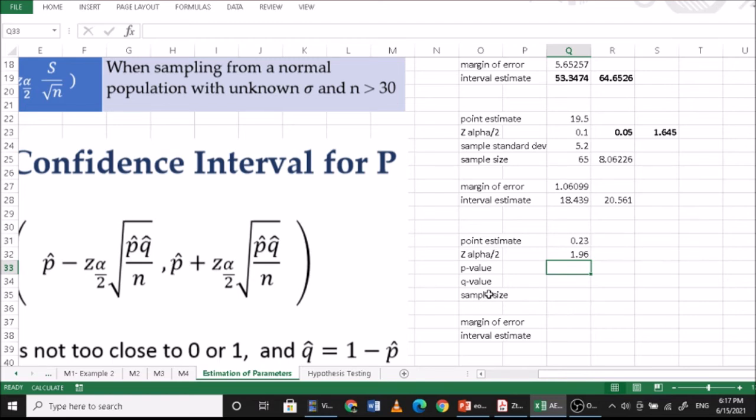The p hat is actually equal to 0.23. Their q value is equal to 1 minus your p hat. Then the sample size is 200.